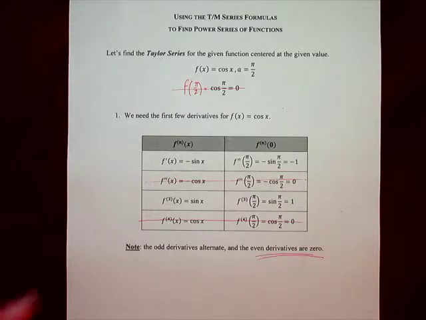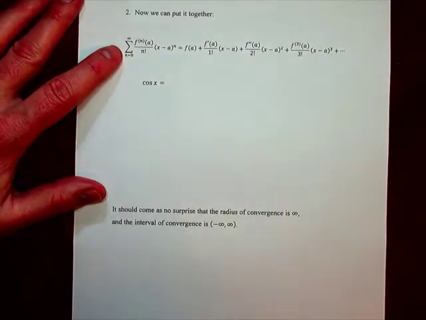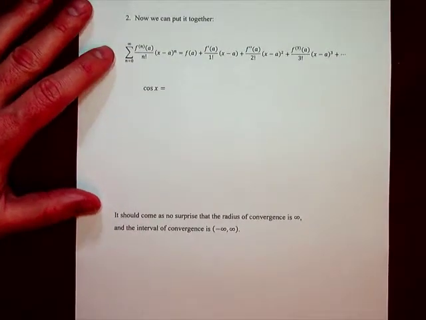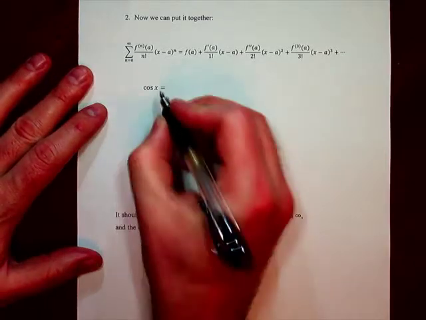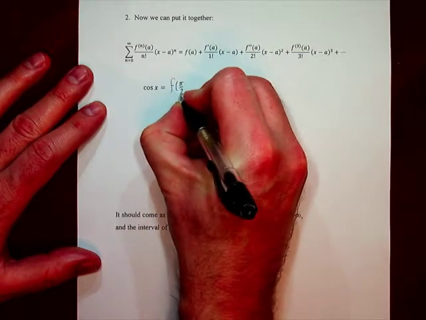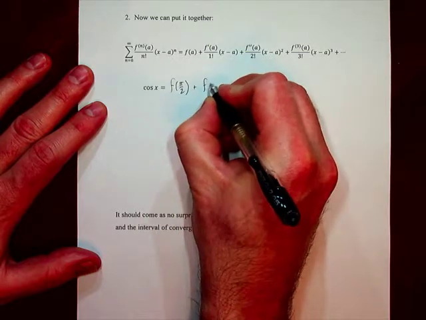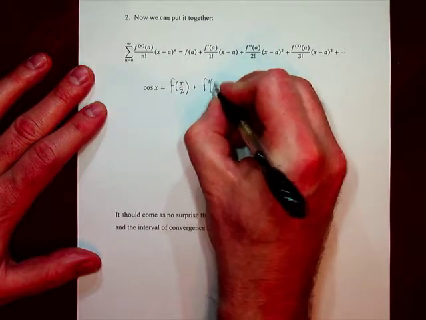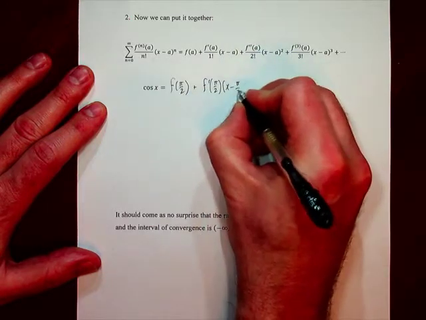And of course this right here is our formula for finding a Taylor series, okay? You have the nth derivative evaluated at a over n factorial times x minus a to the n. Now, if we do that specifically for cosine, we need to evaluate f of pi over 2, and then f prime of pi over 2 times x minus pi over 2 to the first.